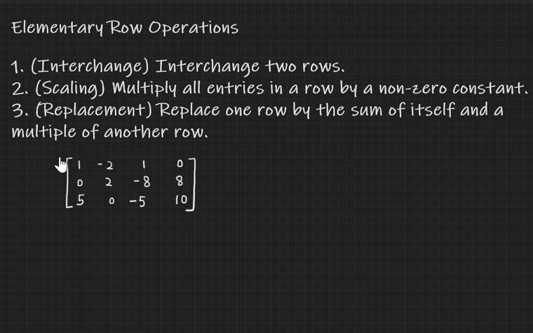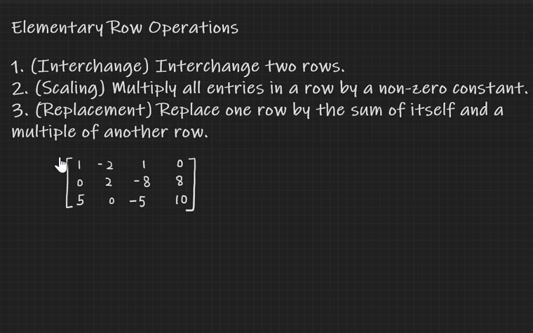One more thing which I want to mention here is that two matrices are known as row equivalent matrices if one can be obtained from the other by applying a sequence of elementary row operations.